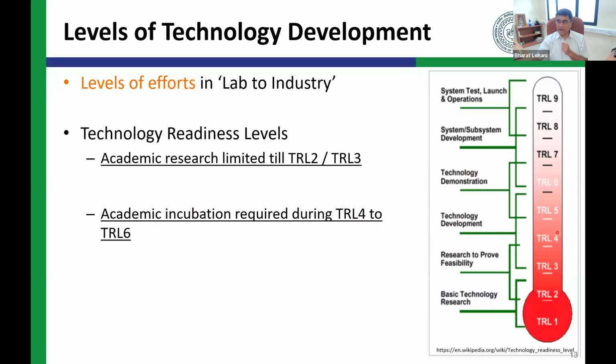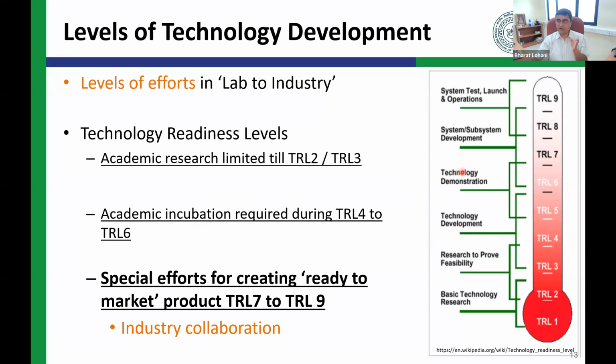Again, the journey doesn't end here. The most difficult part is that many times we take the technology up to the prototype and demonstrate it successfully, but to take that technology to the market, the next three steps are very important, and this is where special efforts are required.